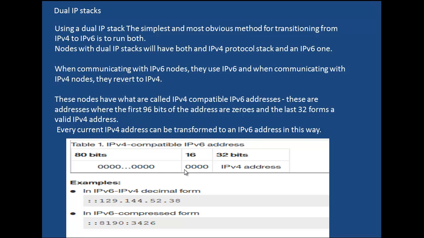And here we have an example where we have the first 96 bits of the address as zeros and then the 32 bits as an IP4 address. You actually have a combination of the two. You can see here how we write it out in binary, where we have the 129.144.52.38, and then you have the IP version 6 compressed form.